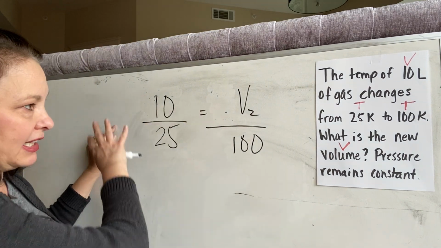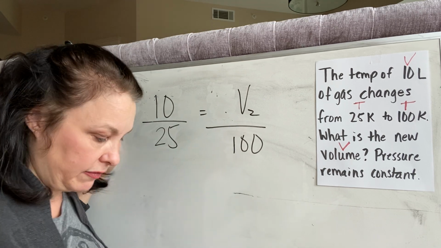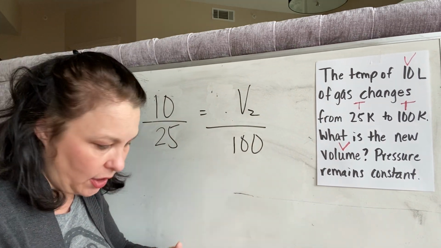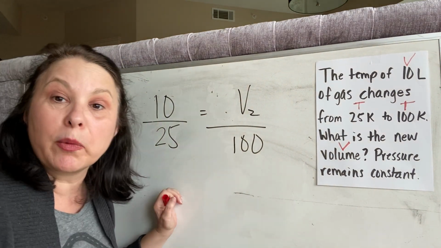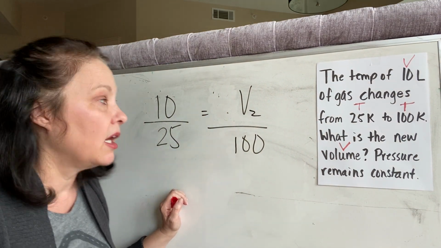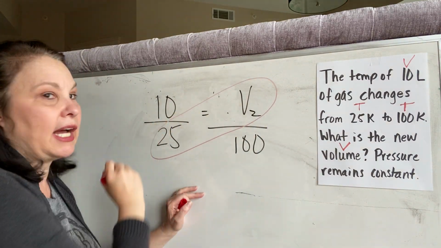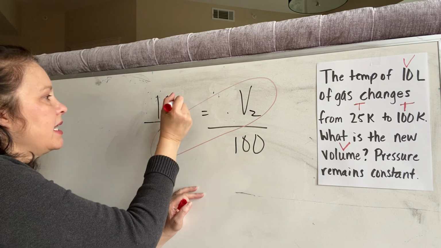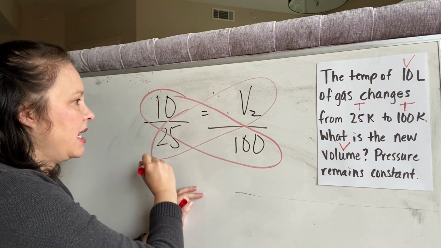I have everything plugged in except for the one variable I'm solving for. Now, this is where we're going to do math, kind of like what I call the butterfly method. All right? So if we butterfly this thing, do you agree I'm going to have a butterfly wing here, and a butterfly wing here, right?